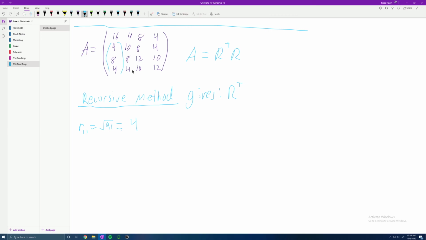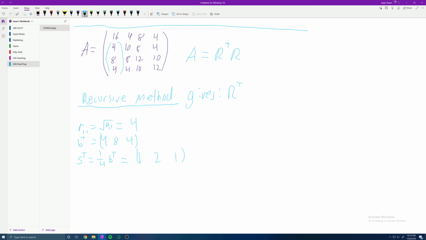Actually, I'm going to write it as the transpose, so we save space. B transpose is equal to 4, 8, 4. Then we take 1 over R11 and multiply it by B transpose to get S. S transpose is going to be equal to 1/4 B transpose, which is just going to be 1, 2, 1.